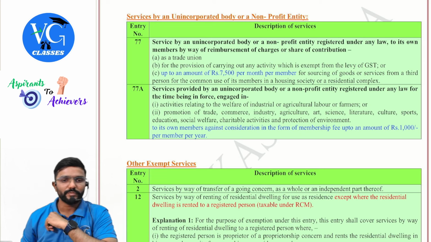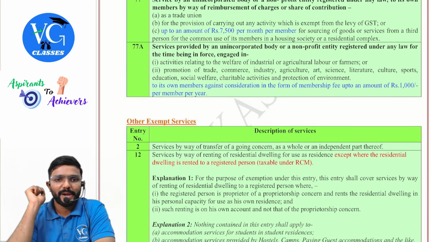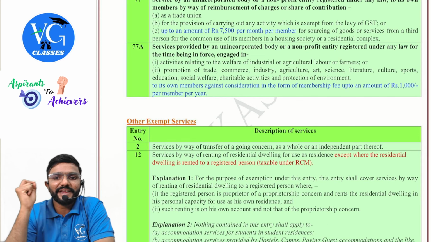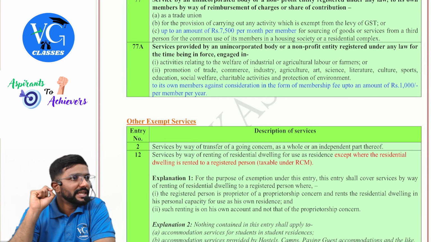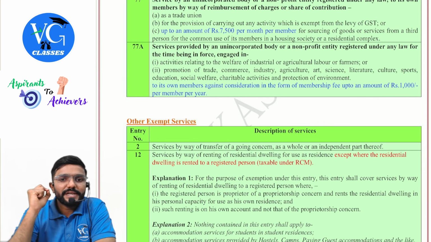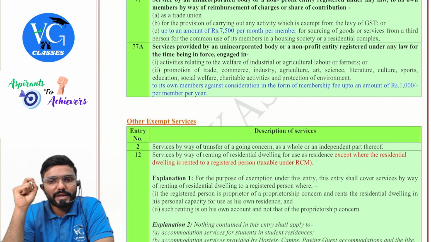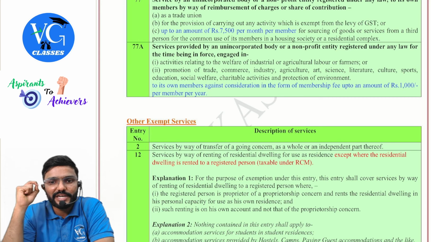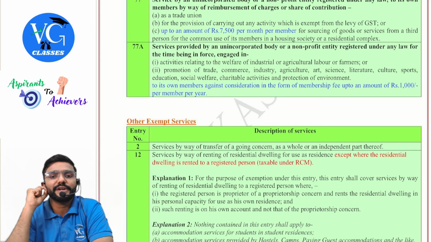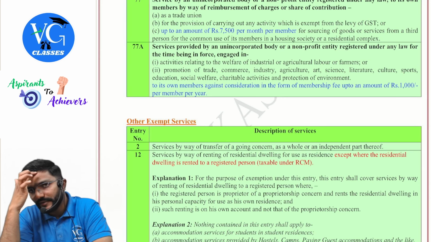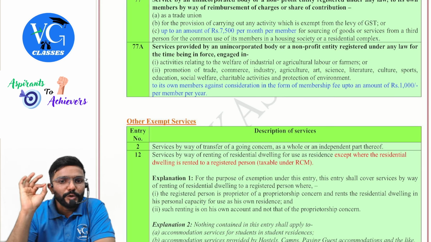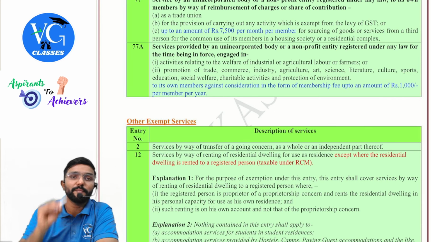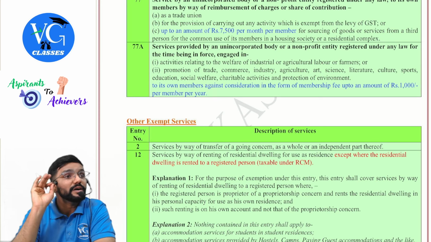Okay. 77A. Services provided by an unincorporated body or a non-profit entity registered under any law for the time being in force engaged in activities relating to the welfare of industrial or agricultural labor or farmers, or promotion of trade, commerce, industry, agriculture, arts, science, literature, culture, sports, education, social welfare, charitable activities, and protection of environment to its own members against a consideration in the form of membership fee up to 1,000 rupees per member per year, not per month, per year.